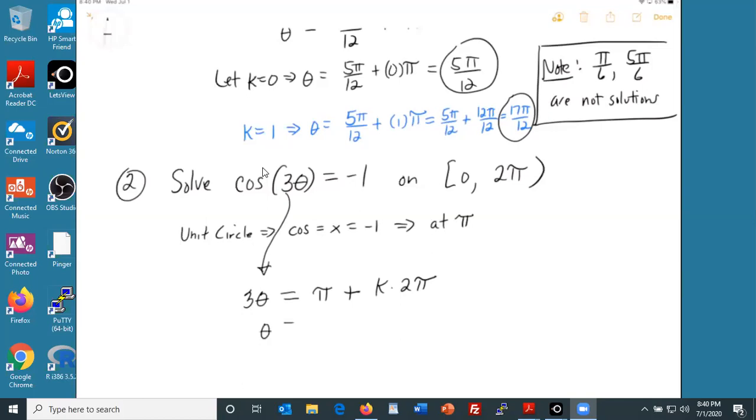And then theta would equal pi divided by 3 plus k times 2 pi divided by 3. So notice I'm solving that equation for theta by dividing by 3.